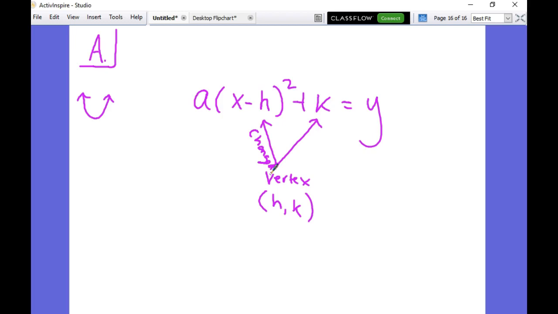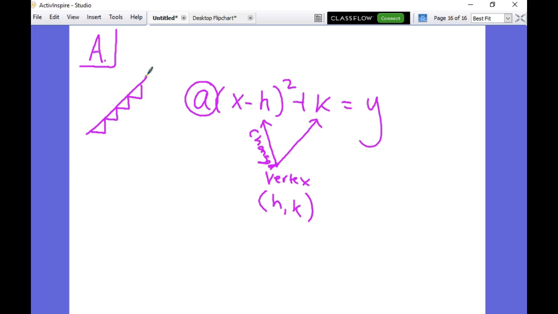Okay? Now, last time when we did absolute value, this number was our what? Slope. That was our slope. Now, we can't really call that a slope this time. And let me tell you why. The reason we can't call that a slope is because when you're talking about an absolute value function, the rise and run never changes. It's always over and up the same amount, and therefore you end up with a straight line.